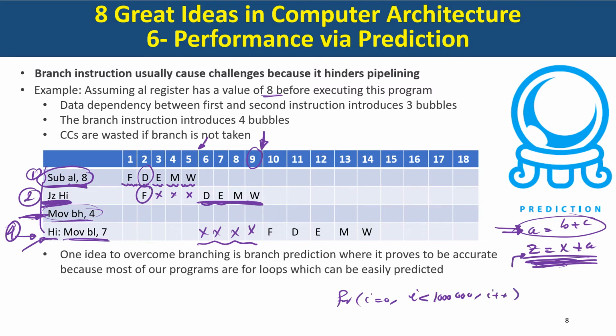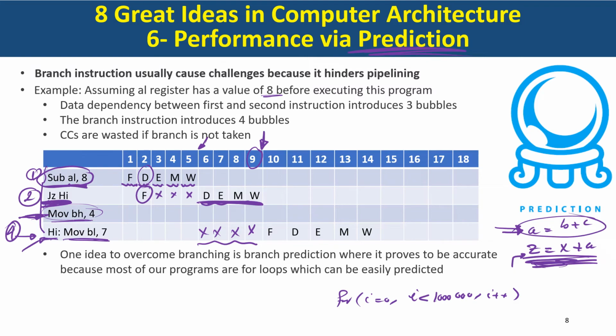So in each iteration we compare the current value of I and 1 million, and if it's equal to 1 million, we will not execute the for loop block anymore. We're gonna skip to the statement after the for loop. So that means for at least 1 million iterations, we're gonna introduce 1 million bubbles into the pipeline. That's really not efficient.